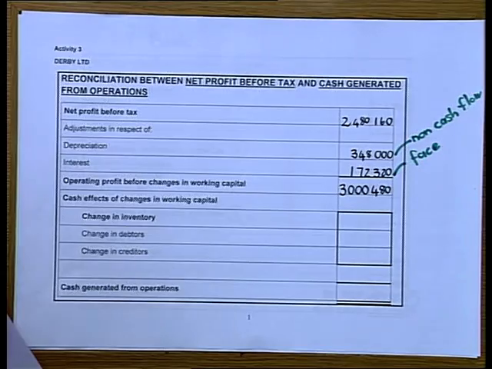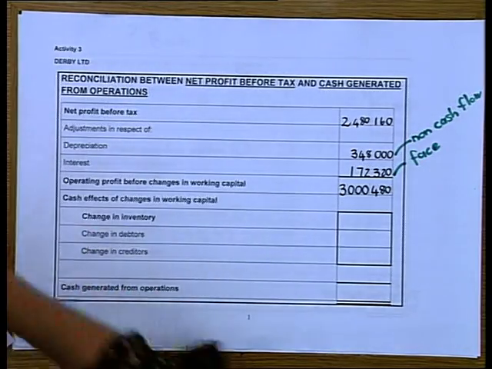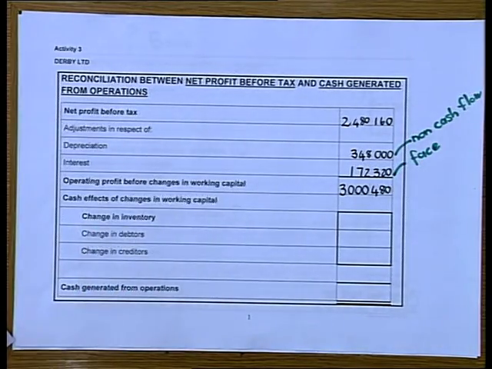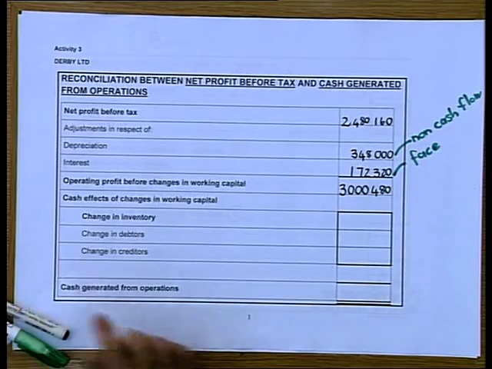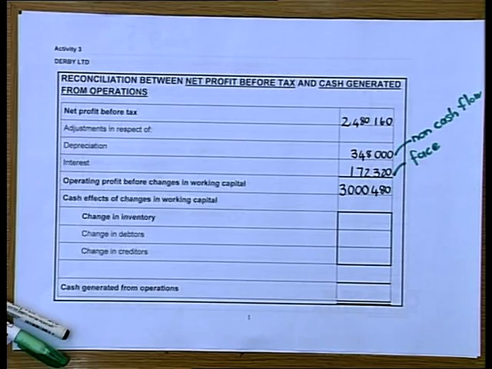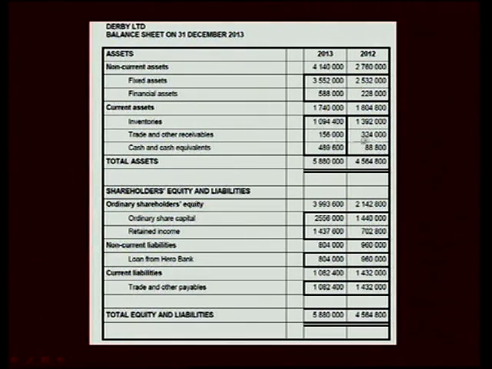If you look at the information on the balance sheet, you will see that this year, inventory at the beginning of the year was 1,392,000.